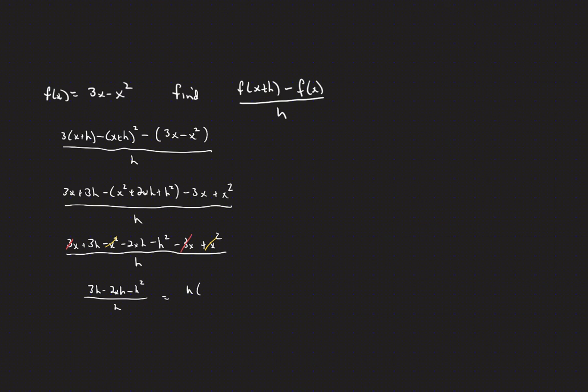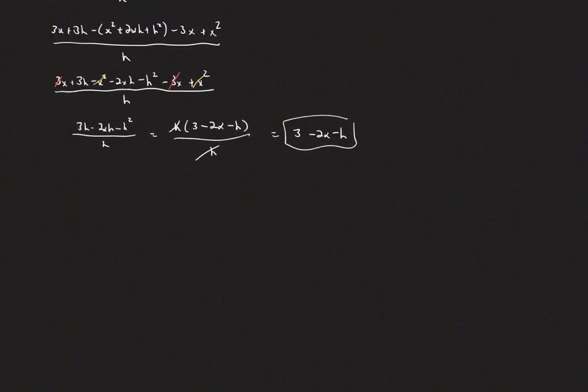We'll factor out an h, leaving 3 minus 2x minus h all over h. Those will cancel, and our final answer is 3 minus 2x minus h. All right, I think that's all we got. Very good.